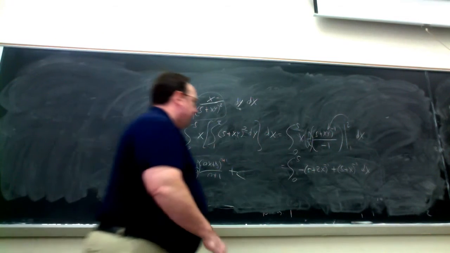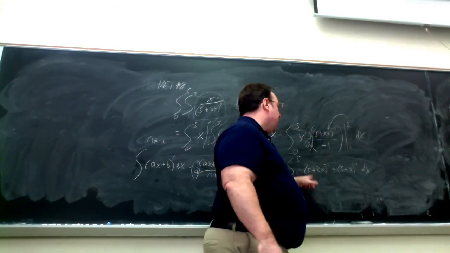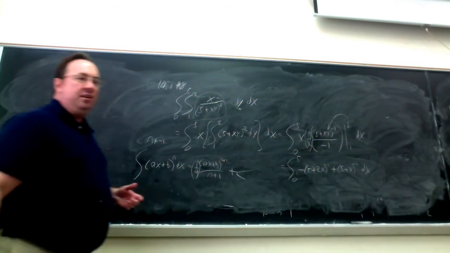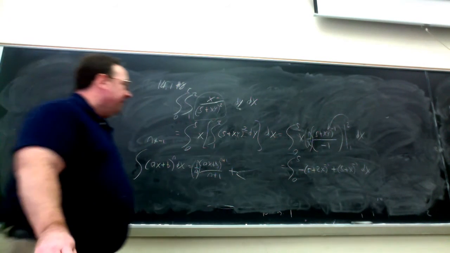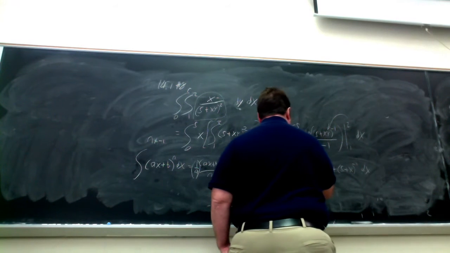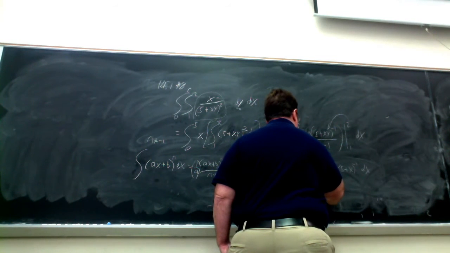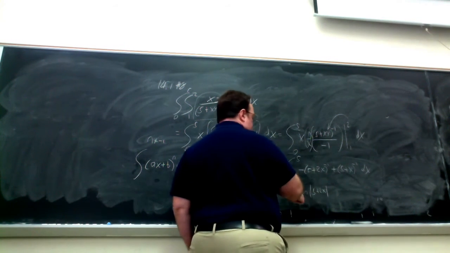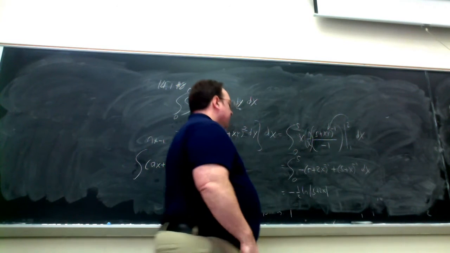For this, you're not going to use the power rule anymore. You're going to use natural log. So you're going to have two terms involving natural log. You have minus 1/2 natural log of (5 plus 2x). The 1/2 here is because of the 2 in here.